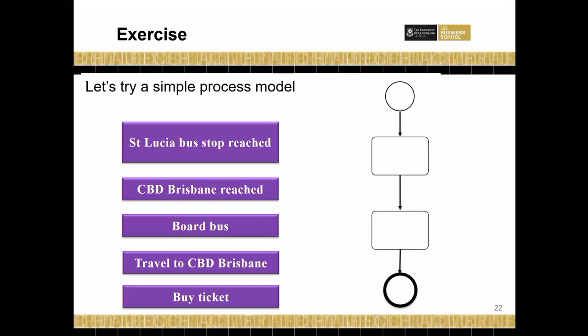So what I would like you to do, as a starting point, is here you have a number of events and activities. Allocate them in the right order to represent the business process.